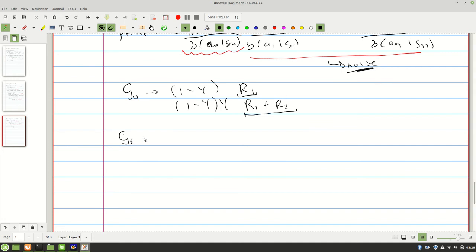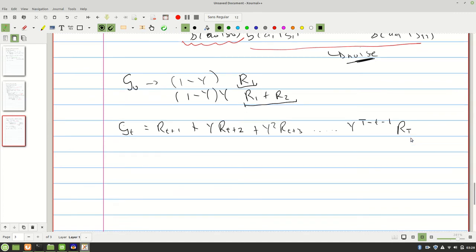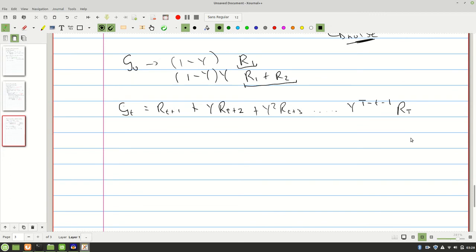If we look at GT, which is equal to RT plus 1 plus gamma RT plus 2 plus gamma squared RT plus 3 all the way up to gamma, say, final time step T minus 1 RT, this is how we define our return.